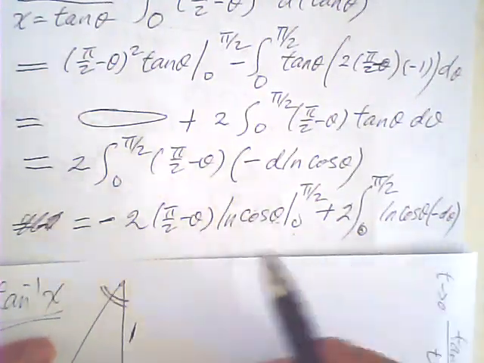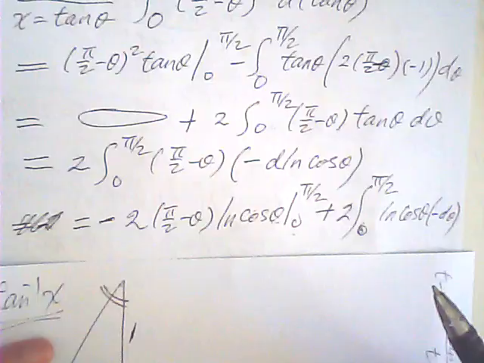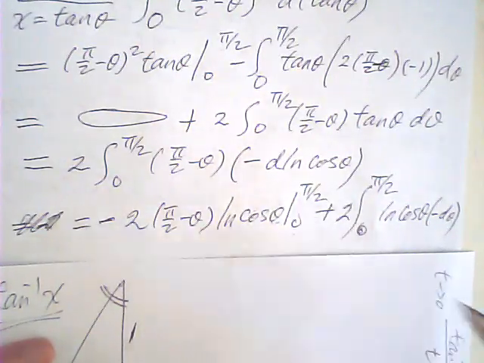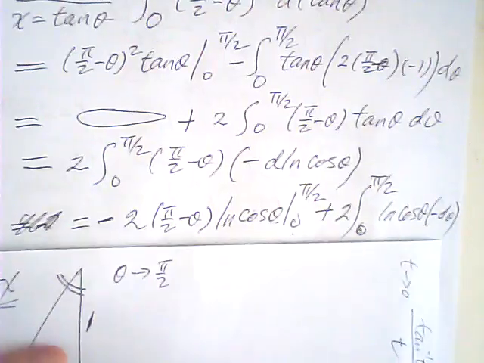Log 0 is infinity. This goes to 0. 0 times infinity is an indeterminate form. So we are solving this one, right?